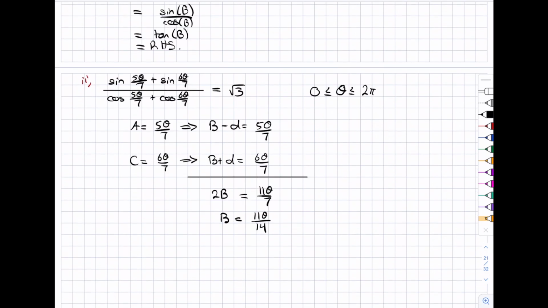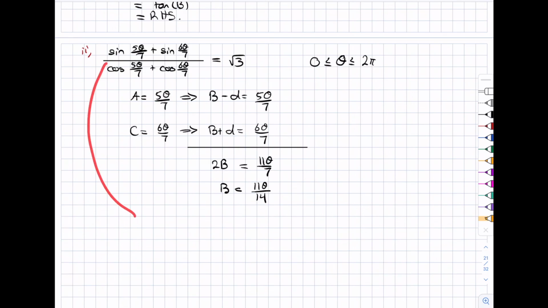Now I can essentially, from this line here, start solving this, because I get that tan of 11 theta on 14 is equal to root 3. And this is quite solvable because what do we have? We have tan, one trig function, equal to one number.